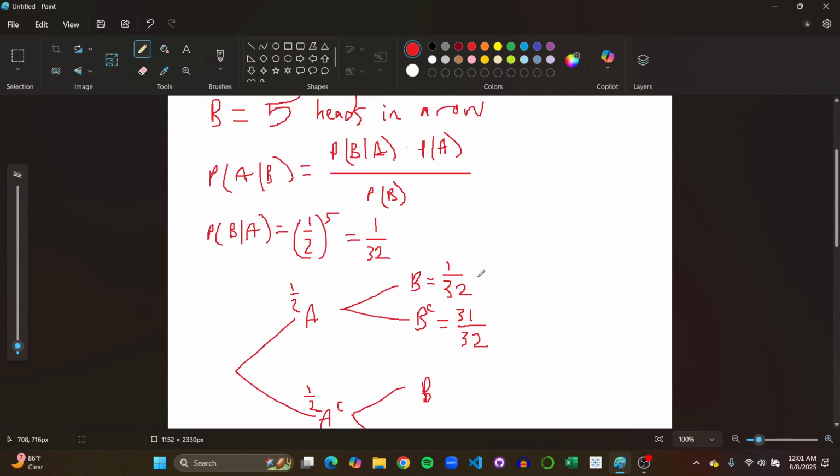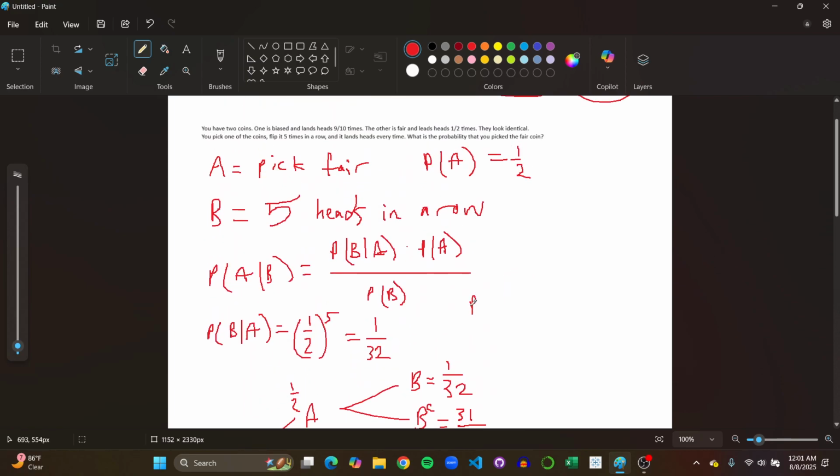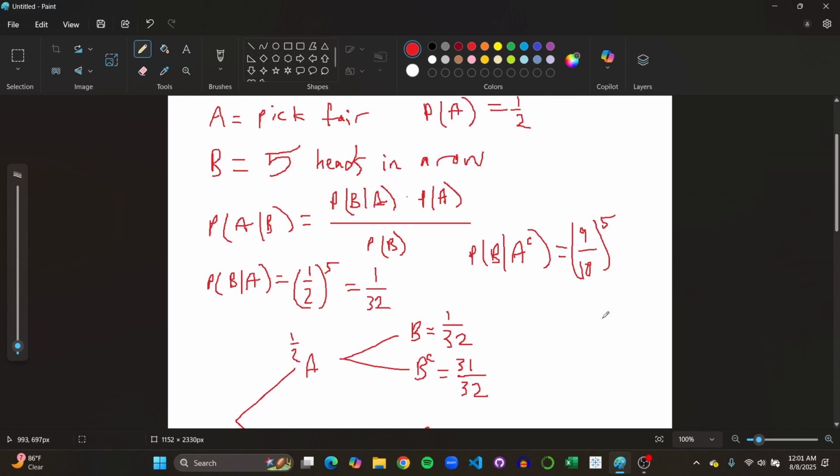All right, so what's the probability of B given A complement? Or in other words, what's the probability of getting 5 heads in a row with a biased coin that lands heads 9 out of 10 times? Well, it's 9 over 10 to the 5th.